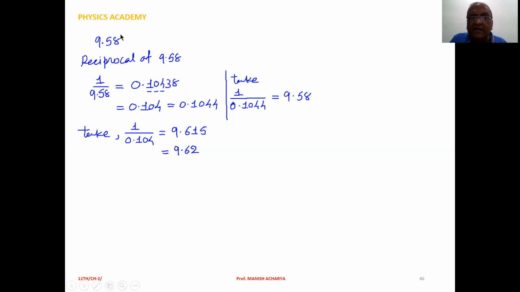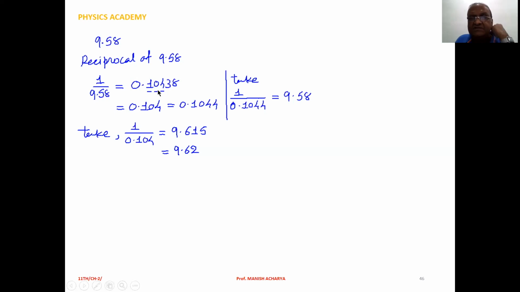In the original value 9.58, the total number of significant digits is 3. But in the final result obtained by the reciprocal, we have to keep one more significant digit, meaning we represent it with 4 significant digits.